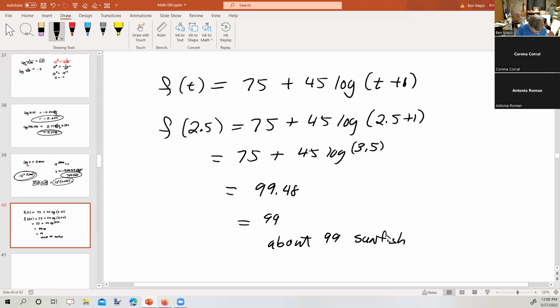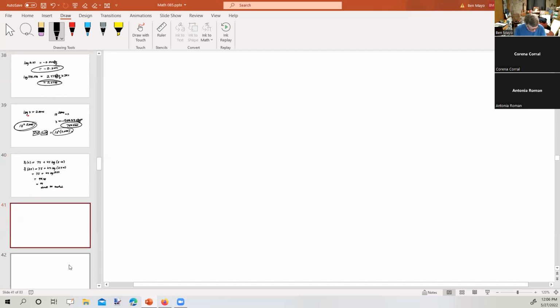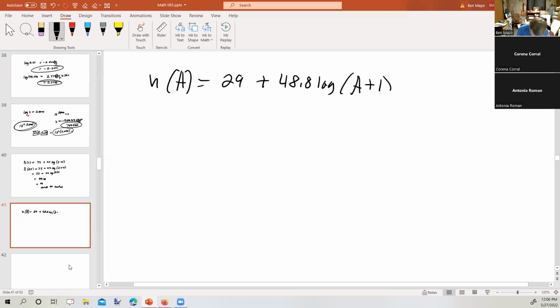Yes. Here's another example. Children's height. So how tall a child is. The logarithmic function h of a equals 29 plus 48.8 times the log of the quantity a plus 1 gives the percent of the adult height of a male child a years old.